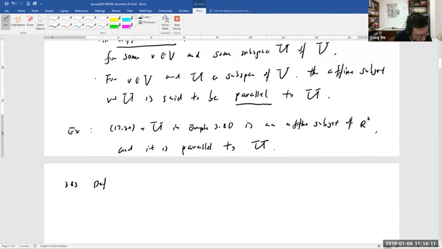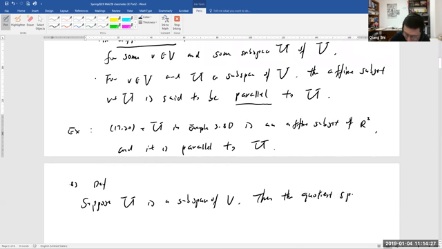Now, if we collect all of this together, that is our quotient space. If you have a fixed U, which is a fixed subspace of V, then the quotient space, right? Right now we call it a space because eventually we're going to equip it with addition and scalar multiplication and show it's a vector space.